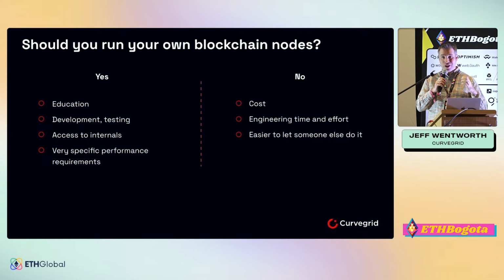Because you can't just start a blockchain node and you're done. You have to think about what happens if the node fails, what happens if the server goes down, what happens if there's a problem on the network, right? Now you're running real, production infrastructure, and there's a cost behind that. Not only the actual server and software cost, but engineering time and effort. And as with many things in this world, it's often easier to let somebody else do this.